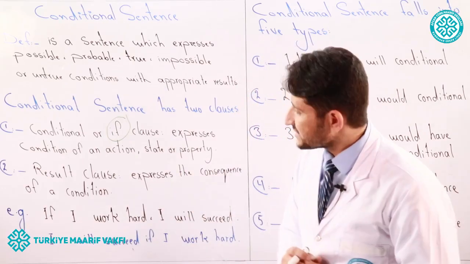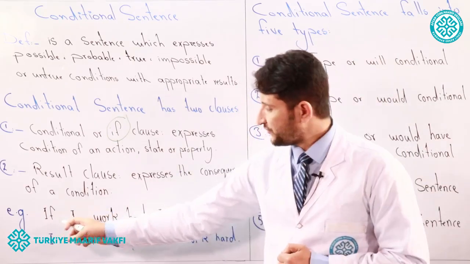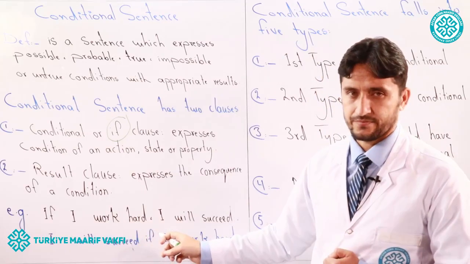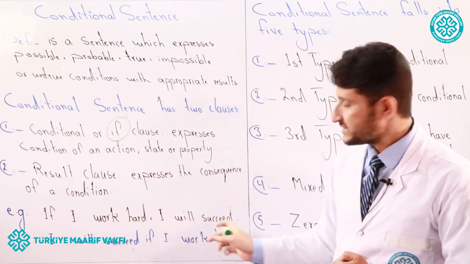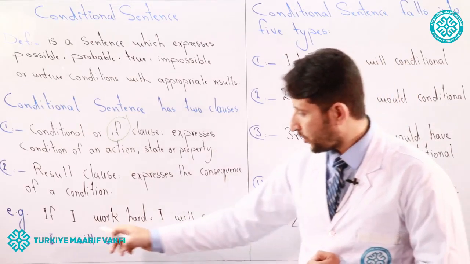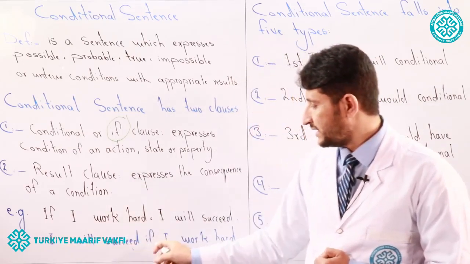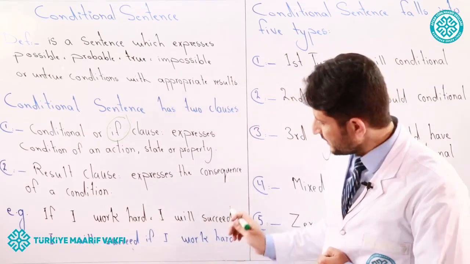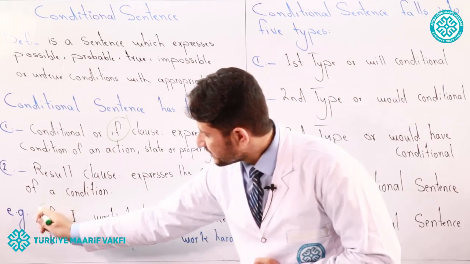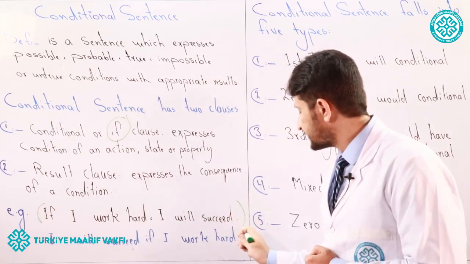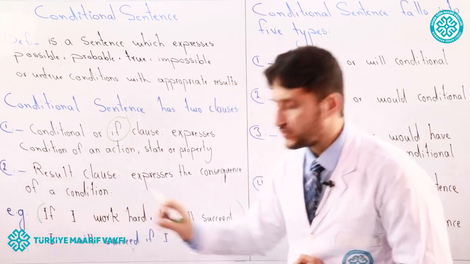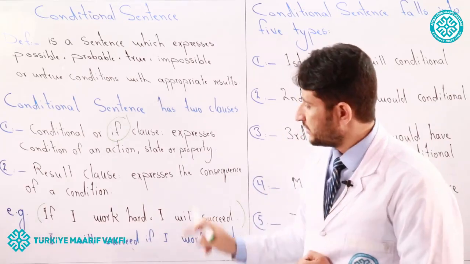Now, if you follow this example, if I work hard, I will succeed. Or I will succeed if I work hard. See, this is a conditional sentence. See, it is made of 2 clauses.